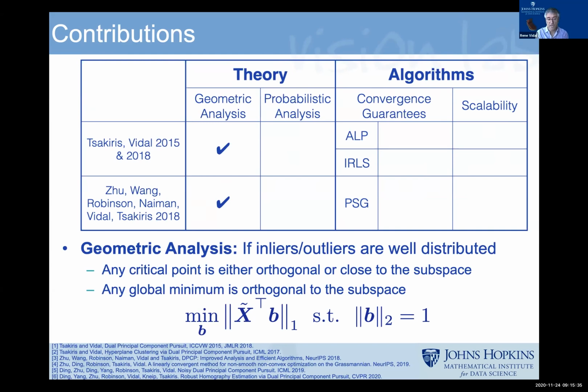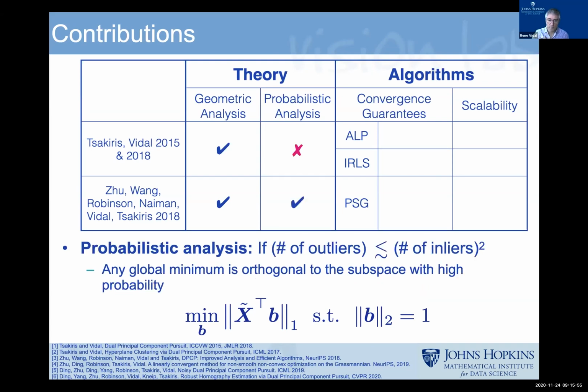The kinds of questions you want to study are, what is the global minimum to this problem? And is the global minimum a true normal to the correct subspace despite the outliers? And what percentage of outliers can you tolerate? That's what we call geometric analysis. We've also worked on doing probabilistic analysis. The probabilistic analysis means typically that you assume that the subspace is sampled at random and the outliers are sampled at random.